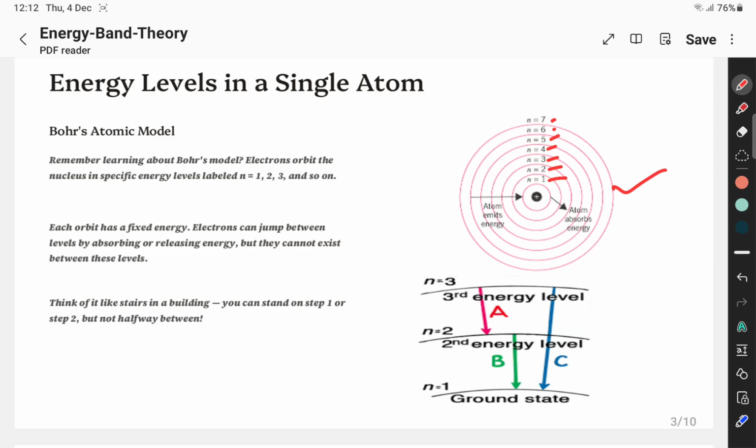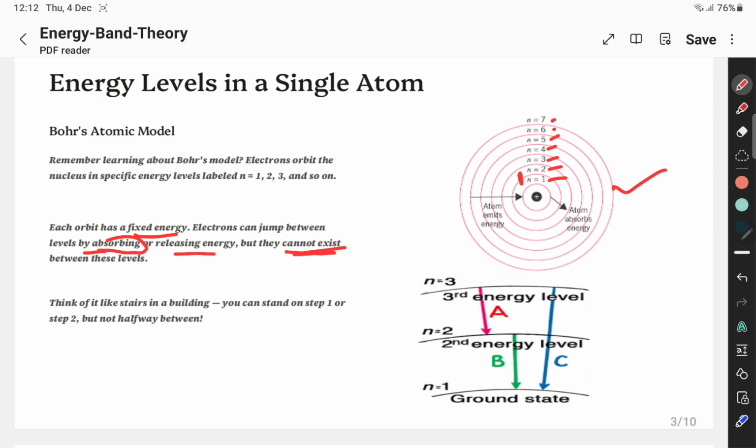In a similar way, electrons can exist only in specific energy levels, not in between, not halfway. These are called discrete levels, not continuous levels. Each orbit has a fixed energy. Electrons can jump between levels either by absorbing energy or by releasing energy, but they cannot exist between these levels.